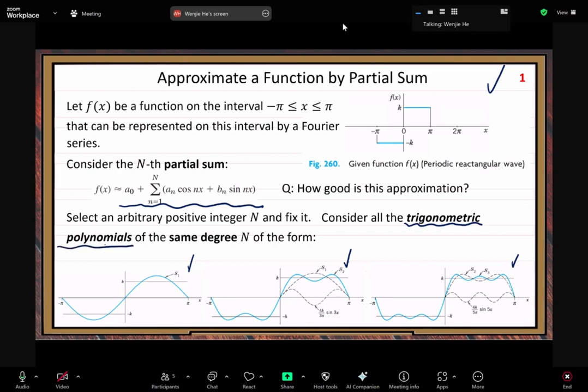We know polynomials, right? We're familiar with algebraic polynomials. Here, trigonometric polynomial. What's a trigonometric polynomial? This expression we call a trigonometric polynomial of degree n. That expression is what we call a trigonometric polynomial.